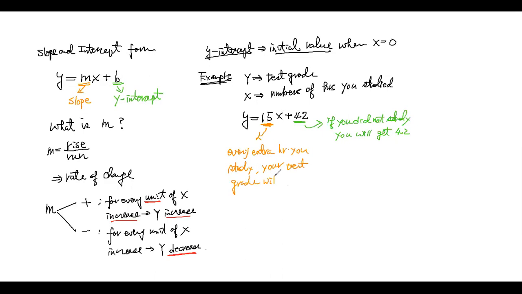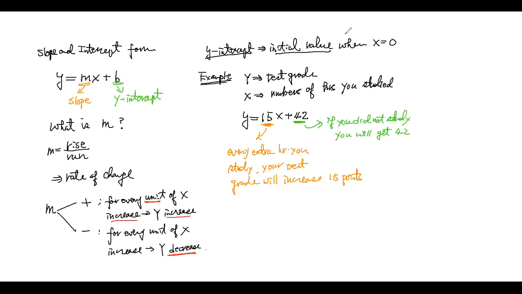Your test grade will increase 15 points, because this is a positive. So every extra hour you study, that means X increases. X is the number of hours you study. Then your grade will increase 15 points.